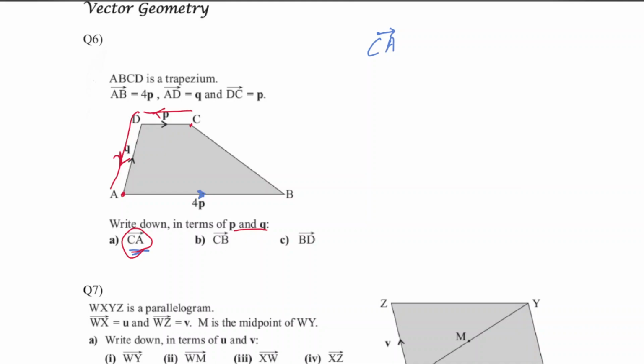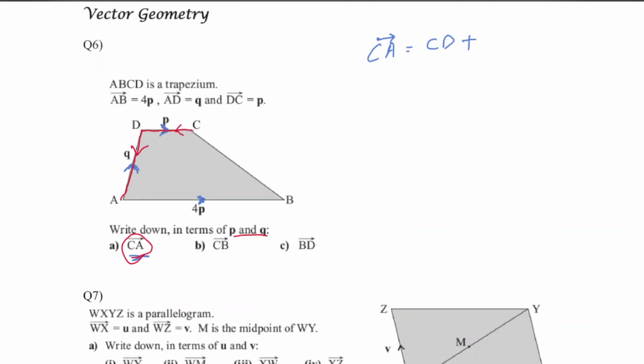This is the direction that is given, and I have to go in this direction. Got it? So what will be the value of CA? CA will be C to D plus D to A, right?